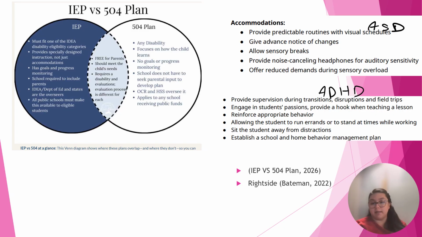For ADHD, this is just a screen grab again of recommendations for a 504 plan, which are providing supervision during transitions, engaging the student in passions, providing a hook when teaching a lesson, reinforcing appropriate behavior, allowing the student to run errands or stand at times while working, seating the student away from distractions, and establishing a school-at-home behavioral management plan.